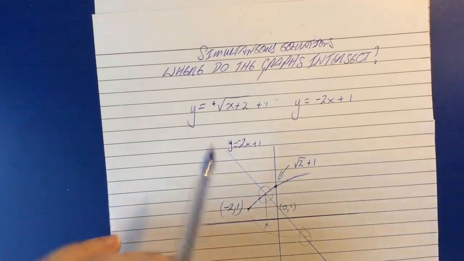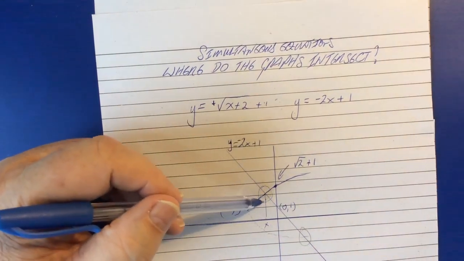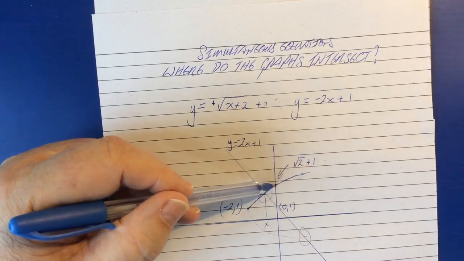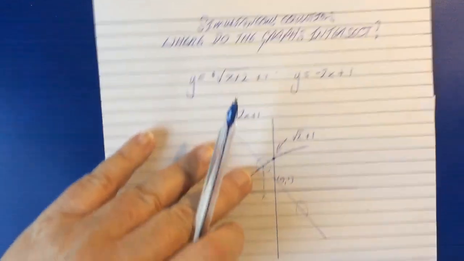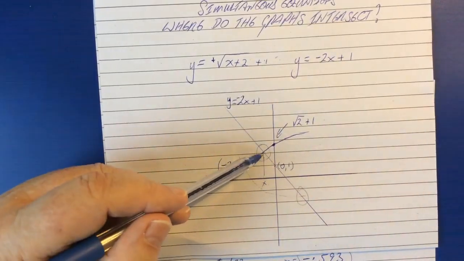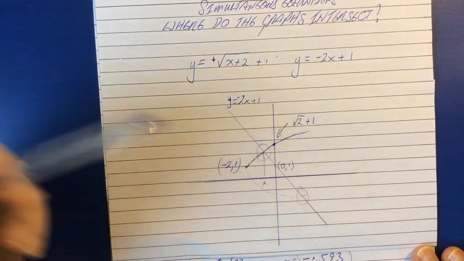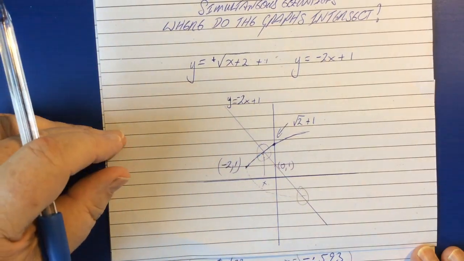Again, that's believable because this point is 1 and this point is about 2.4, 2.5, somewhere around there. And so 2.186 here is believable. The negative 0.593 is equally so.